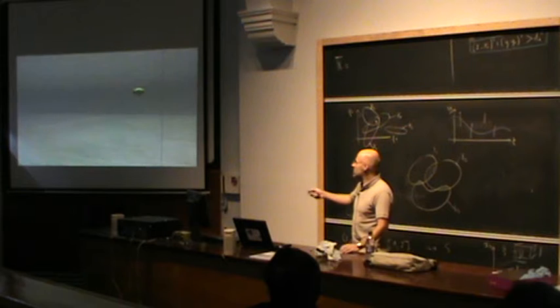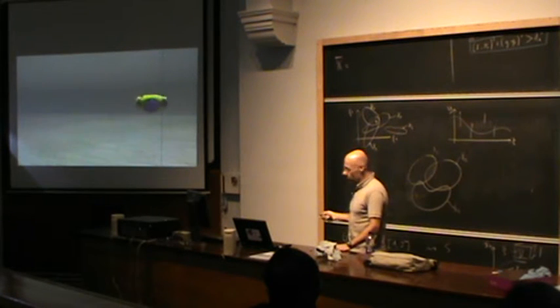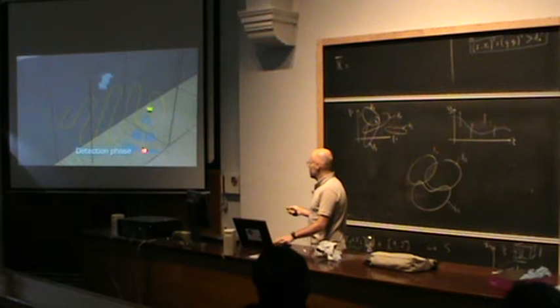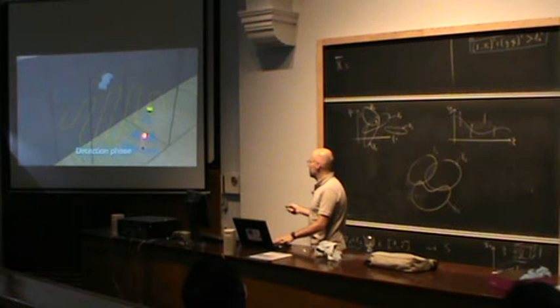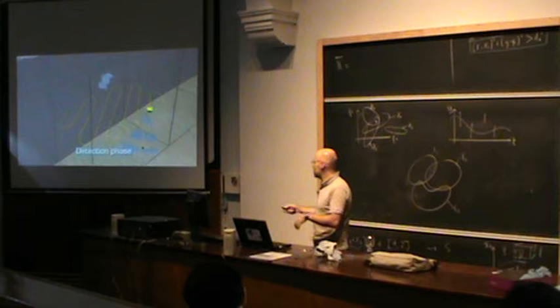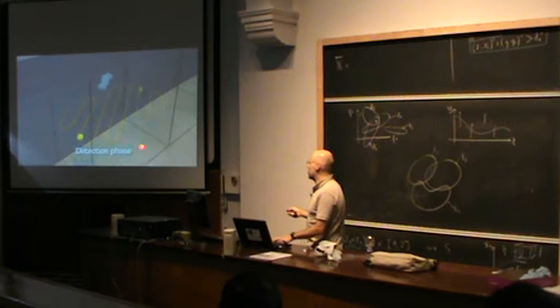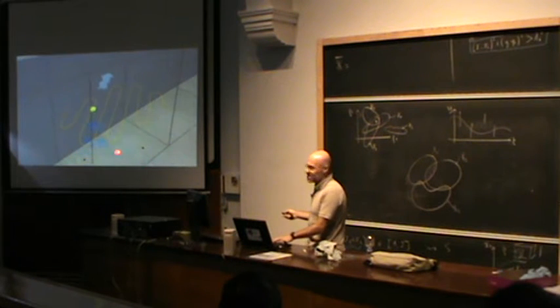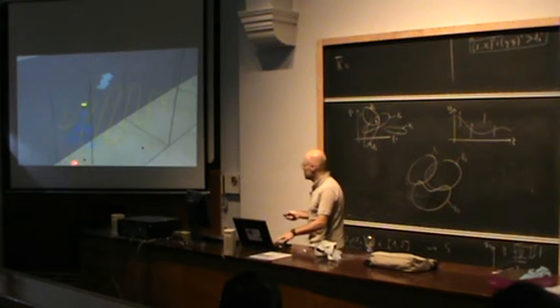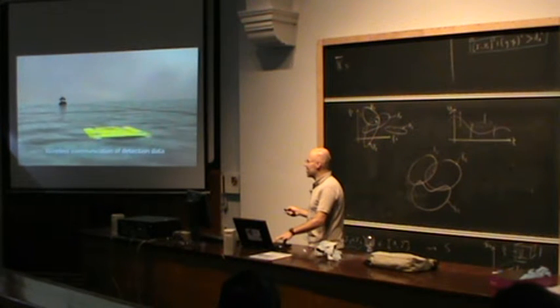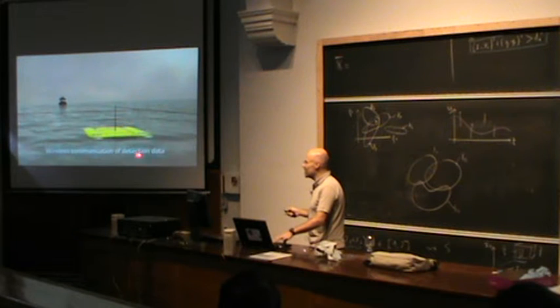I will finish with this because it's a good application for what we are doing. Detection phase. Here you have a mine. With a sonar, it can produce images, and with the images, of course, they are able to see things. So here you have a mine, here you have a mine. Of course, it comes back to the surface, so the autonomy is quite limited.